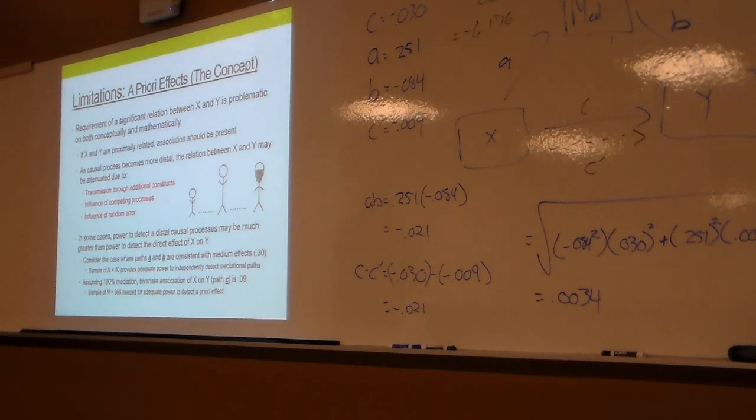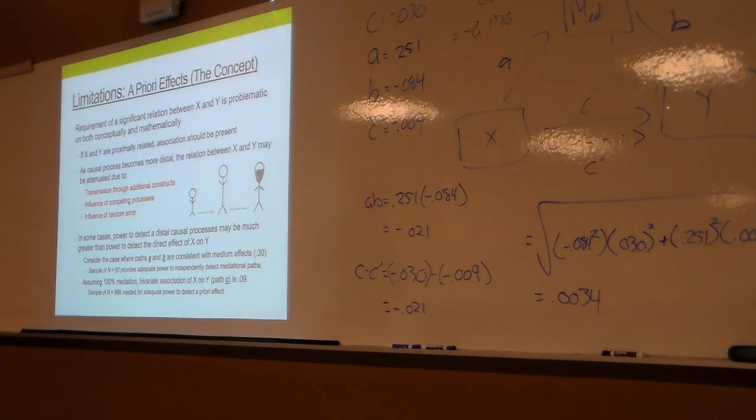But if my A path is 0.3 and my B path is 0.3, if I multiply those two things together, what's my C path? What is it? 0.09, right? Because if this is complete mediation, there is no relation between X and Y after I account for the mediator. My A path has a medium effect.